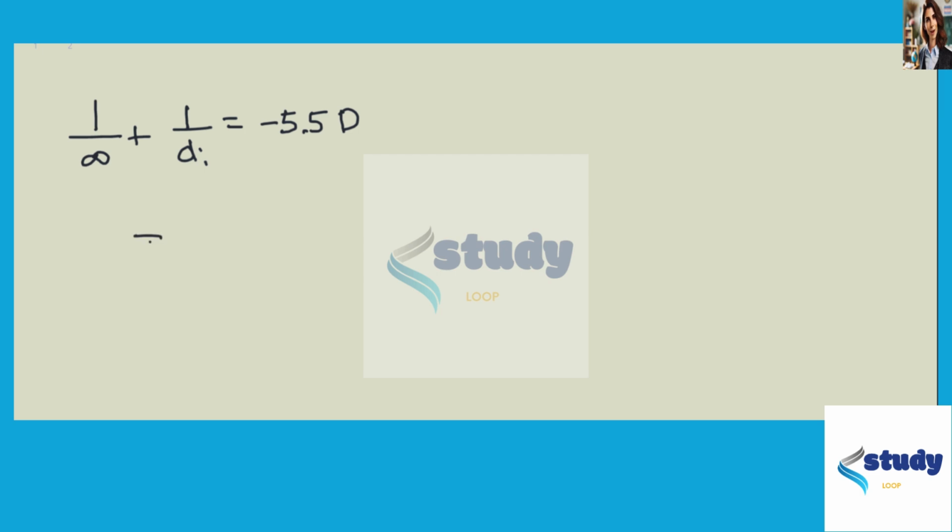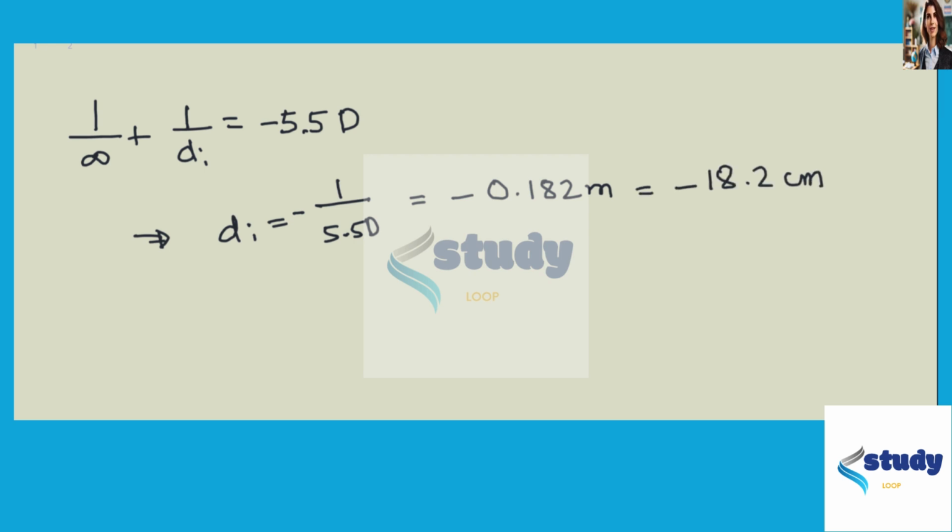So if we solve for di, this term is 0 because 1 over infinity is 0. So di is going to be 1 divided by minus 5.5 diopter, which is minus 0.182 meters, or minus 18.2 centimeters.